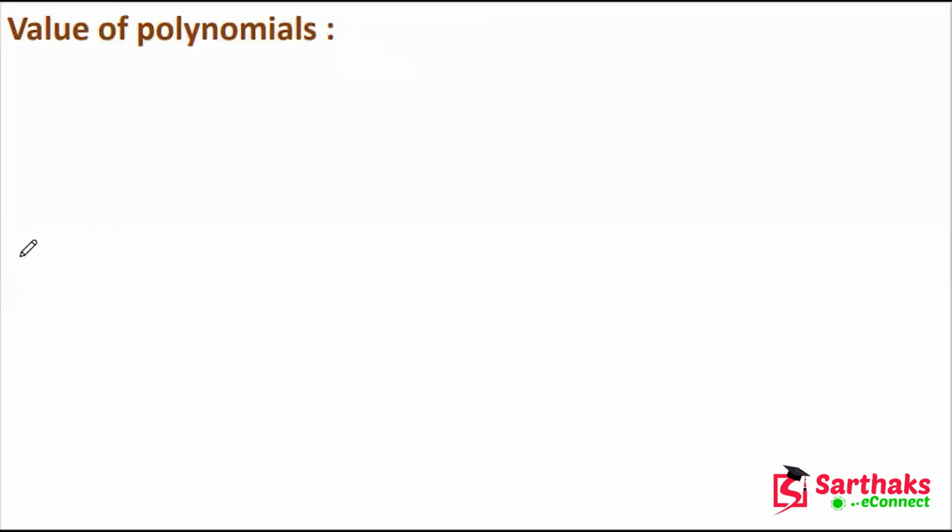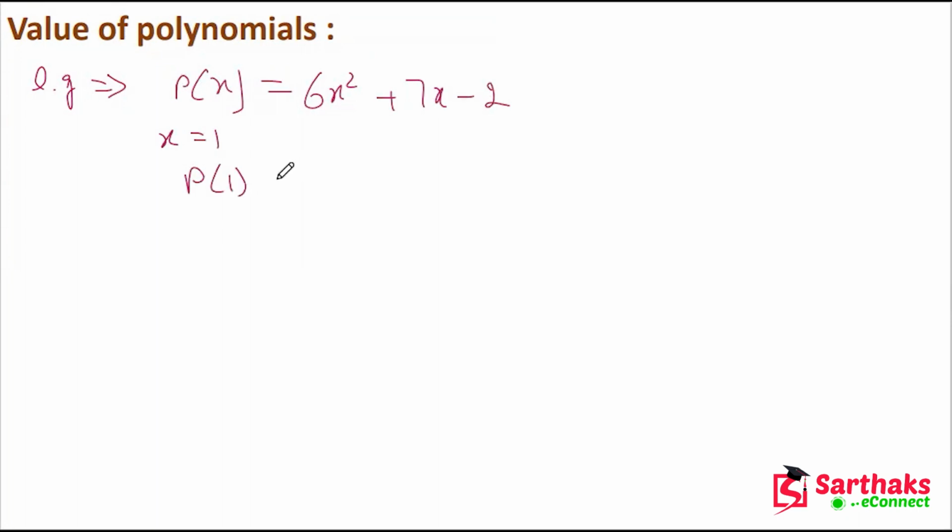Now, value of polynomials. What is the value of a polynomial? The value of the polynomial p of x at x equals some point is obtained by substituting the value of x in the given polynomial. For example, if we have p of x equals 6x square plus 7x minus 2, and we put x equals 1, then p of 1 equals 6 times 1 square plus 7 times 1 minus 2.